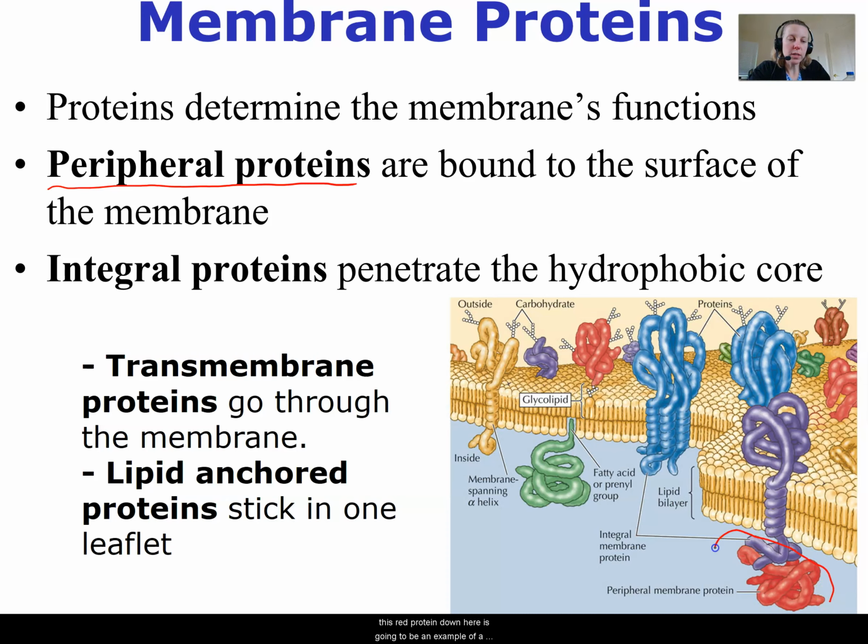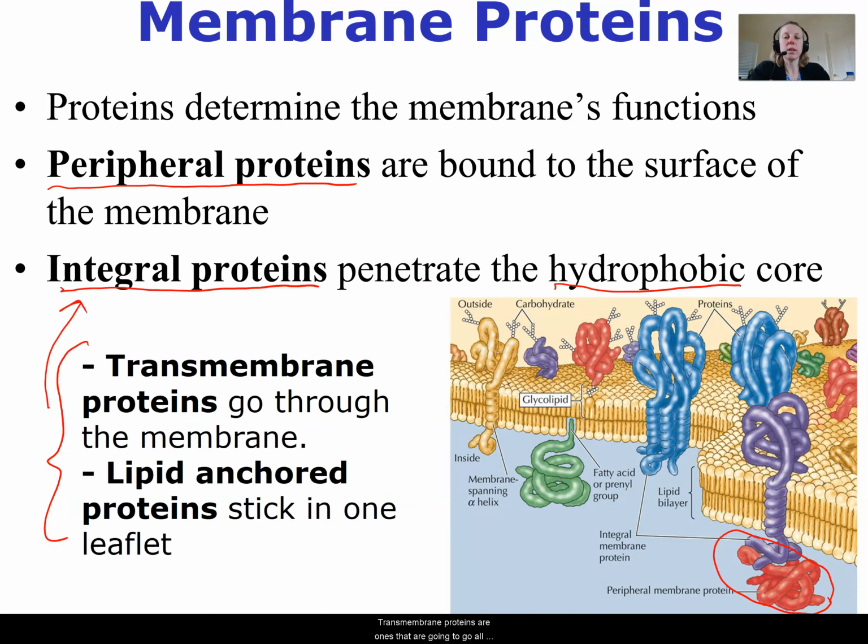So this red protein down here is going to be an example of a peripheral protein. It's related to the membrane, but it's not actually inside. And then there are integral proteins, and integral proteins actually go into the hydrophobic part of the membrane. You can have two different flavors of integral proteins. So integral proteins comprise both of these guys as well.